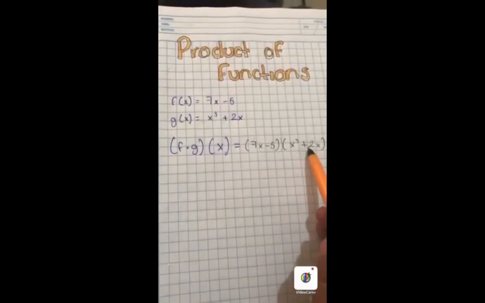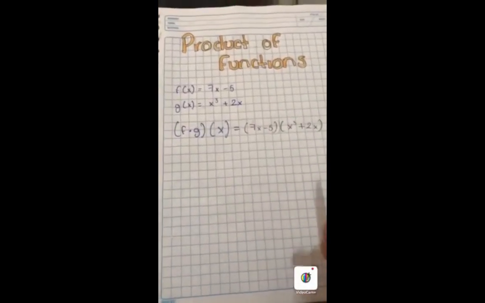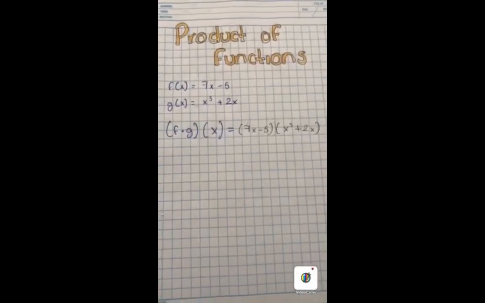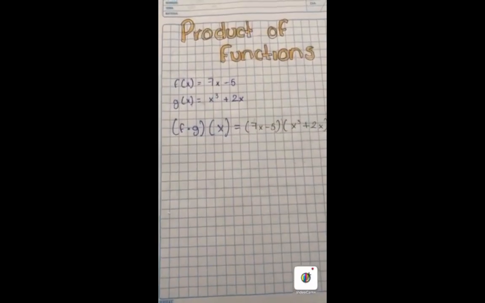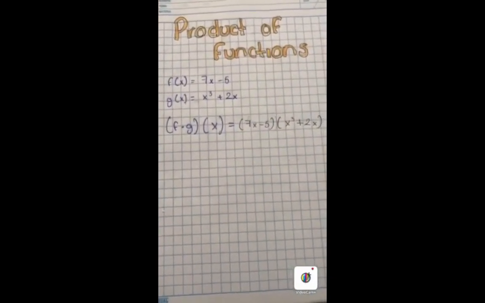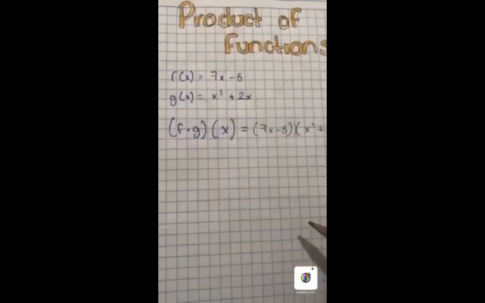This is multiplying. In an easy way, we will use the distributive law.